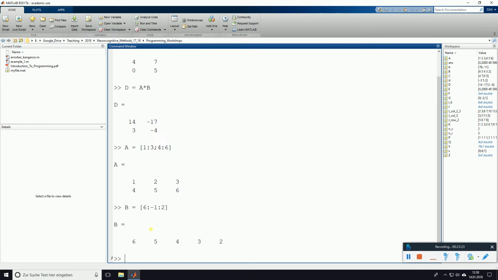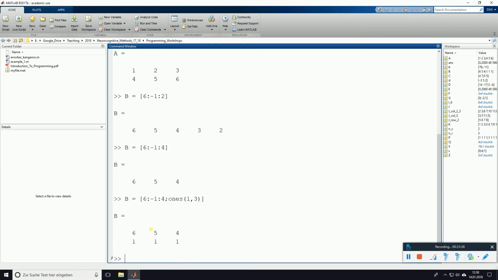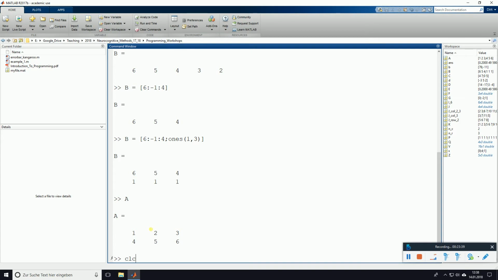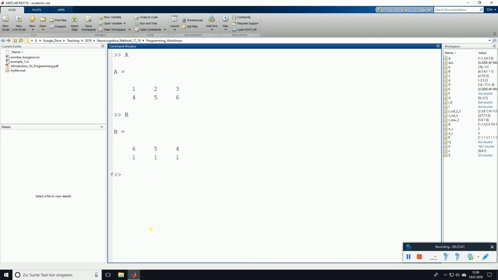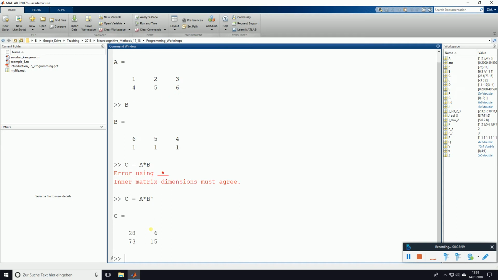Now A looks like this, B looks like this. Now if we want to compute the matrix product, A times B does not work because we have a 2 by 3 and we want to multiply with a 2 by 3. That's of course not defined. But if we transpose B, then we have a 3 by 2, and then everything works.